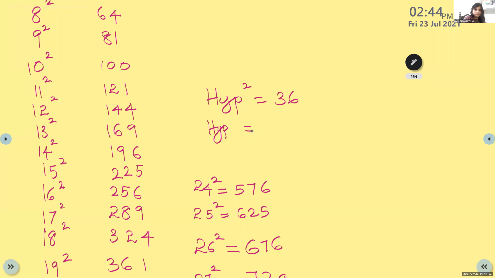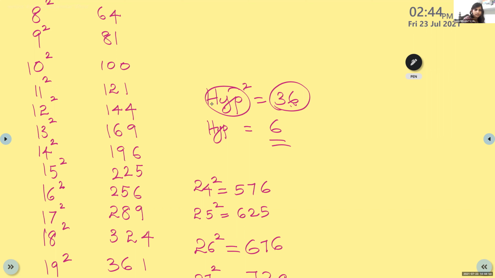That means some number square, that is hypotenuse square, is 36. Which is that number? That is our answer, 6. If you write 36, you won't get the mark. You have to write the number whose square is 36. Correct? So that number is 6.